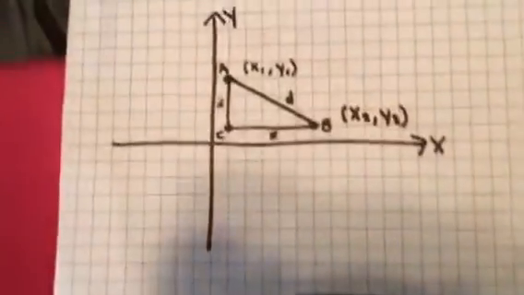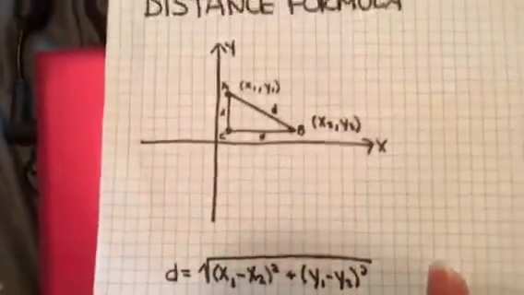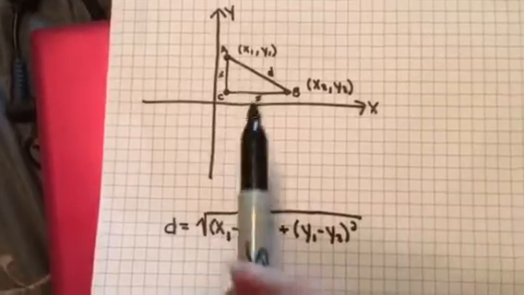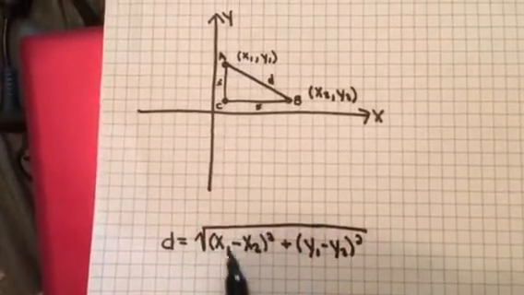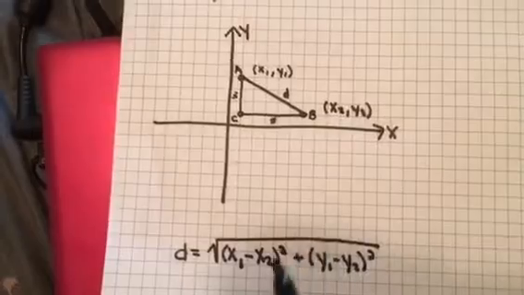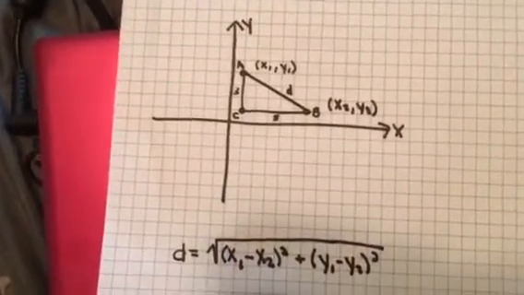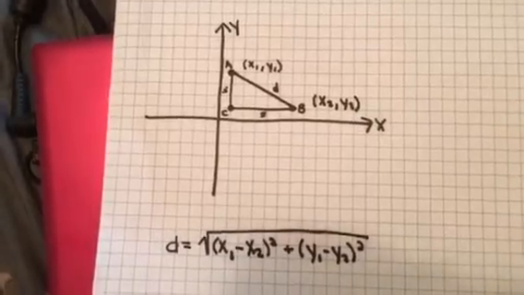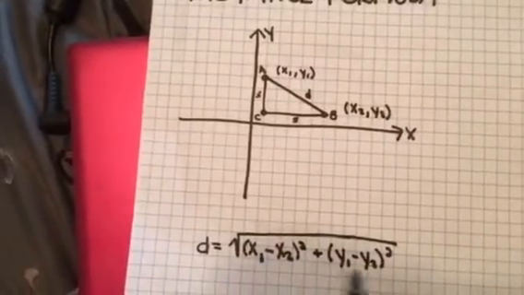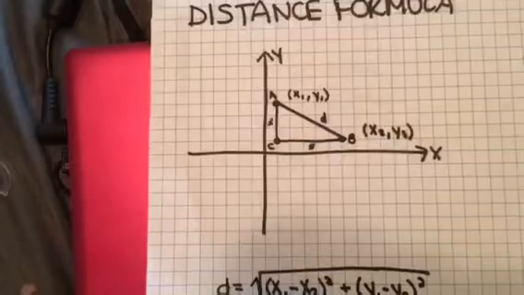Okay? So we can see that our coordinates, here we have x1, x1, x2, x2, y1, y1, y2, y2. So once we find out what those coordinates are, we can just plug them in to our equation.